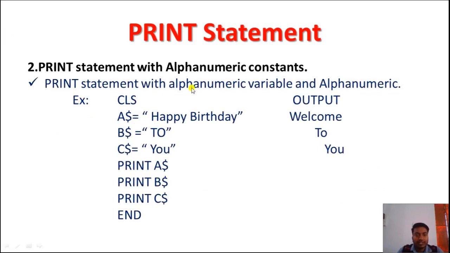Then we have print statement with alphanumeric variable and alphanumeric. Now here you can see I have used variables. A$ equal to, in double quote I have written happy birthday. B$ equal to to. C$ equal to you. Now here you can see the print statement with these variables, print A$, print B$, print C$.